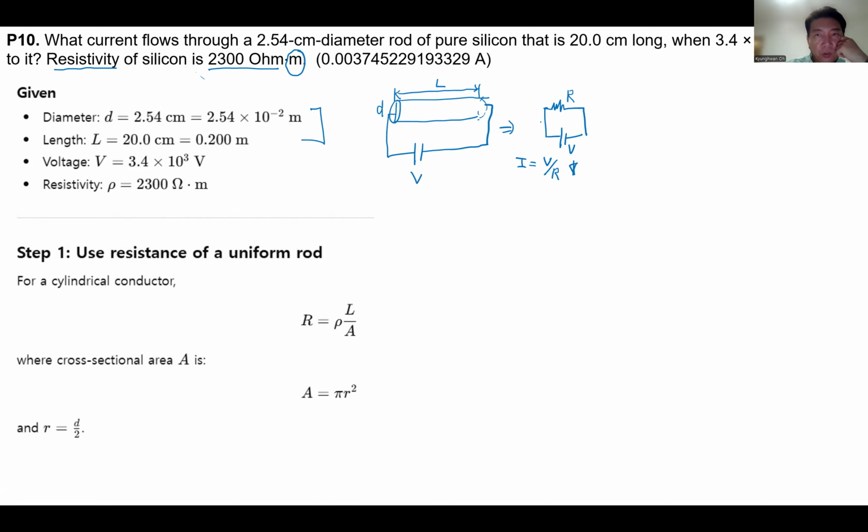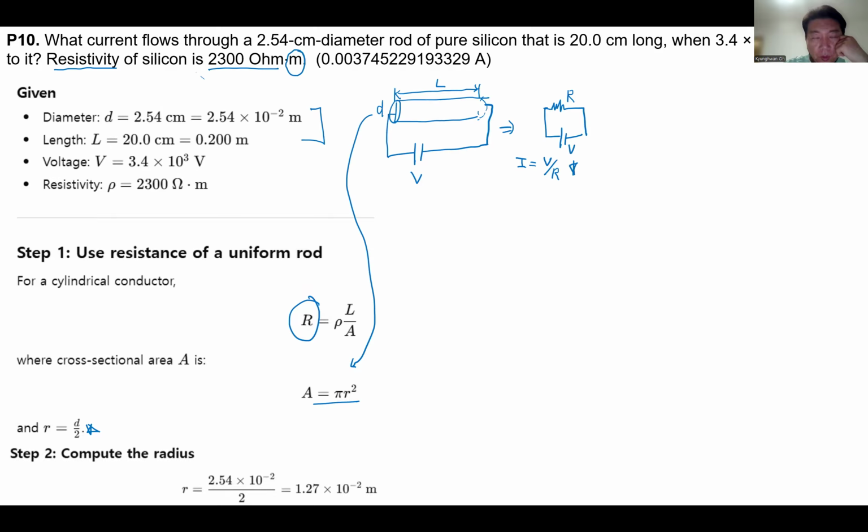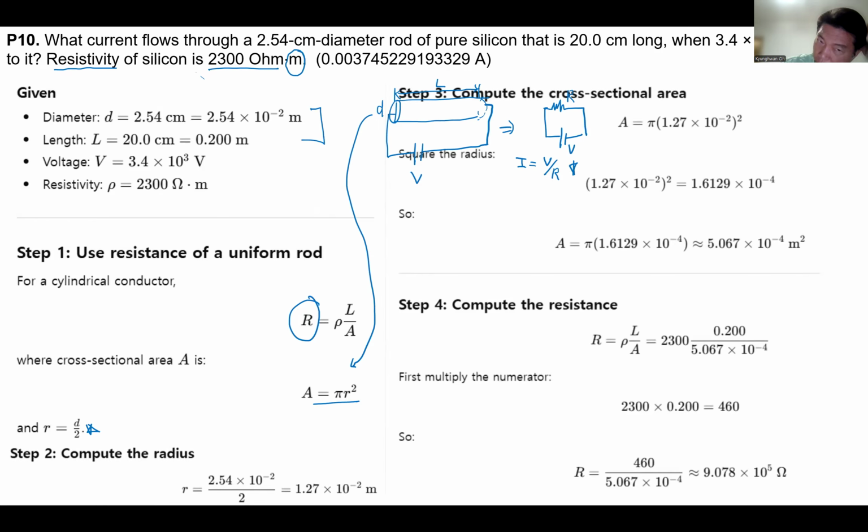And let's try to find out what the resistance is. R is given by resistivity times length over area. The cross-sectional area is, in this case, pi r squared, where r is d over 2, and L is also given. It is important to have all the units in meters. Okay, A is given like this, in square meters.